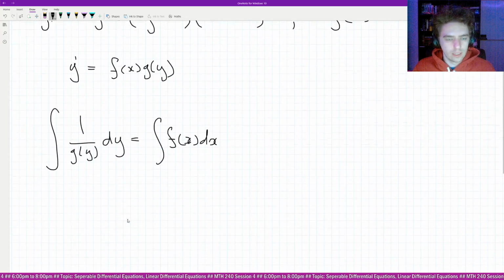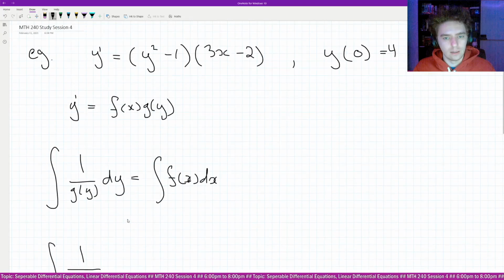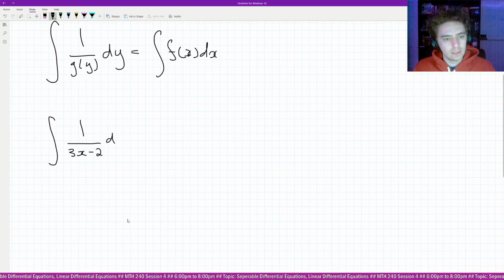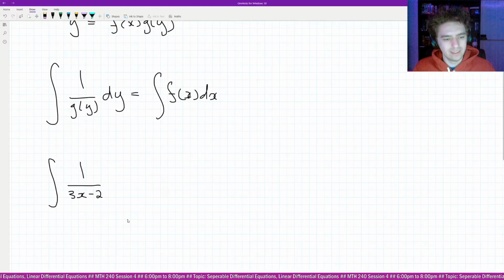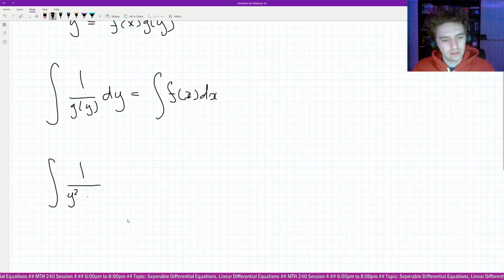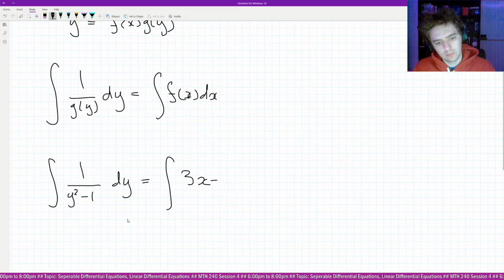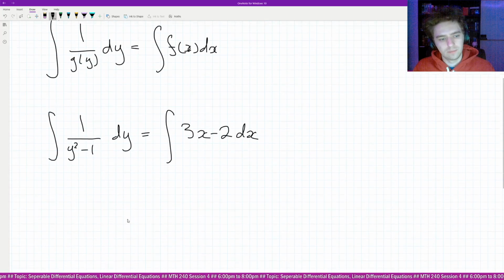So the integral of 1 over the y function, y squared minus 1, dy equals the integral of f of x, which is 3x minus 2, dx.